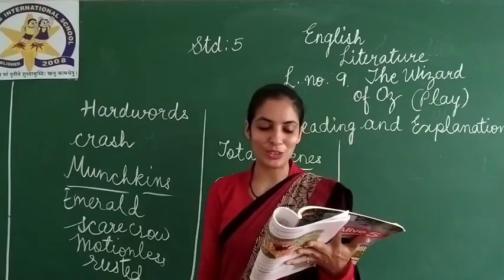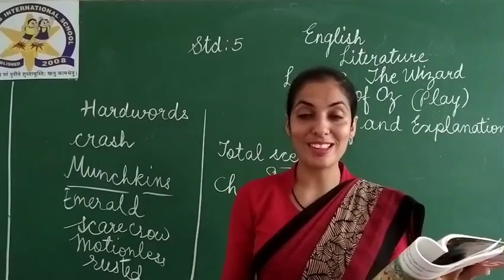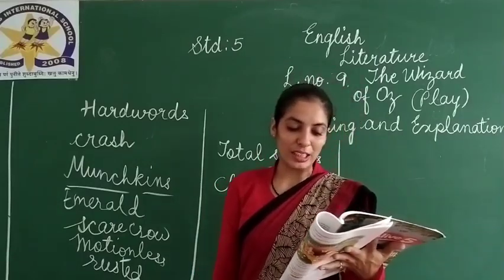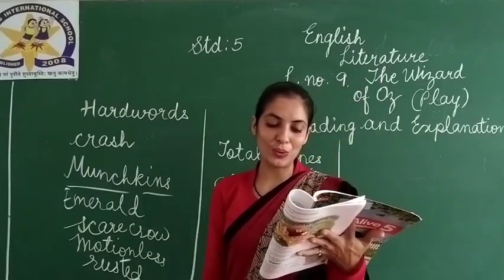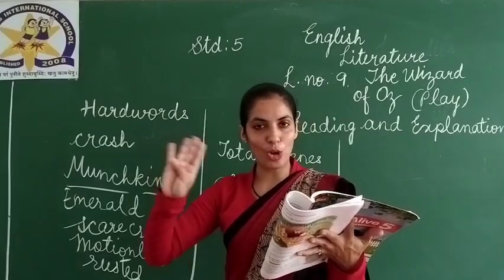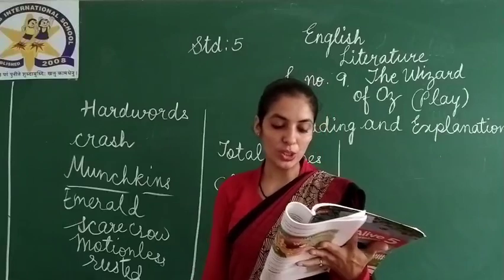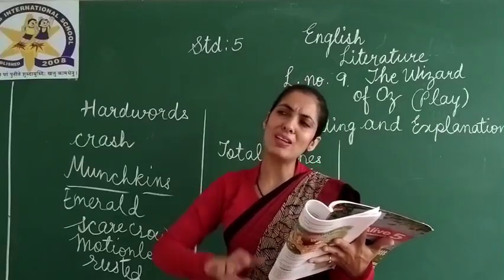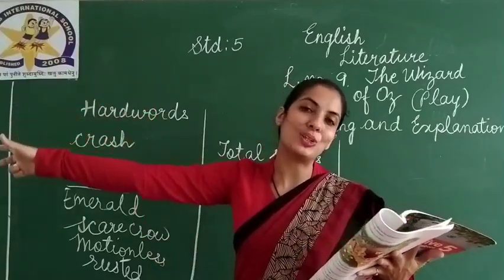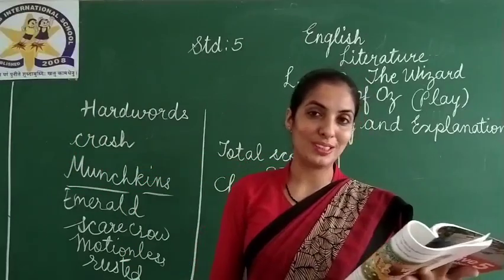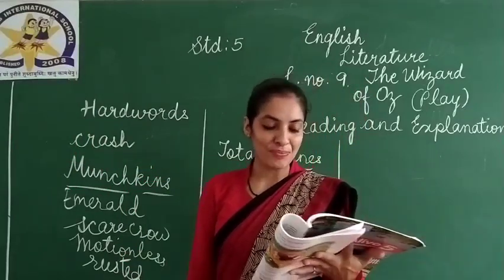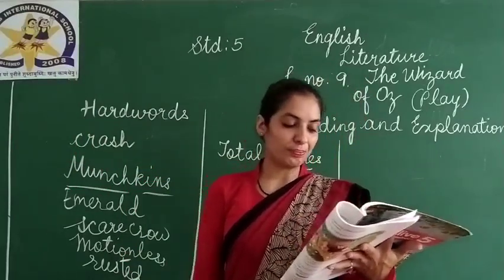"Yes, I will come with you." Now who is ready to come with them? Tin Man. Narrator says, Dorothy, the Scarecrow and the Tin Man set off together. Set off means they started their journey and traveled for many miles in search of the Wizard of Oz, to the Emerald City.